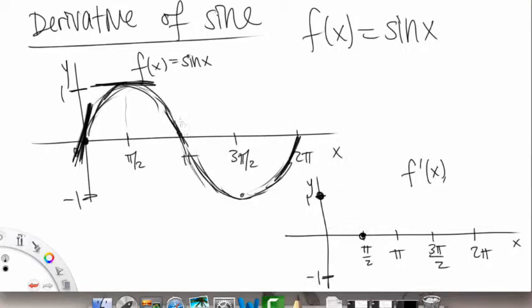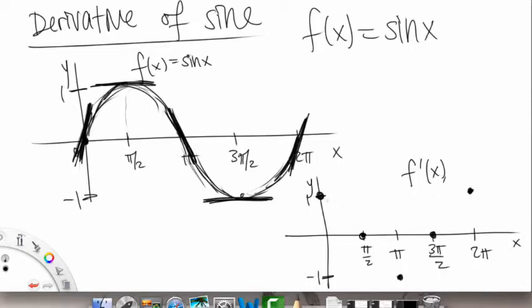And then at pi, the slope is actually going to be a negative value, and that'll be a -1, okay? So down here. And then at 3 pi over 2, again, the tangent line levels out, so the slope of that is 0. And at 2 pi, it's going to be going up again, just like where we started, so that would be at 1. Okay?